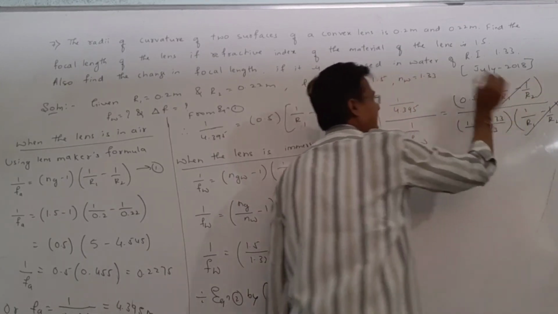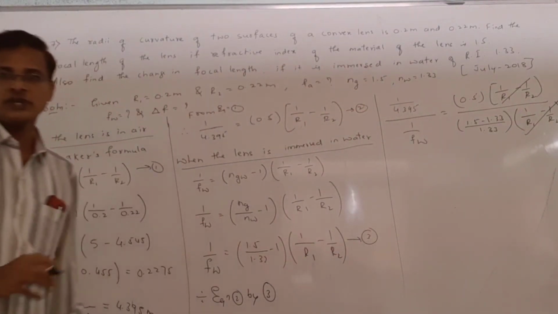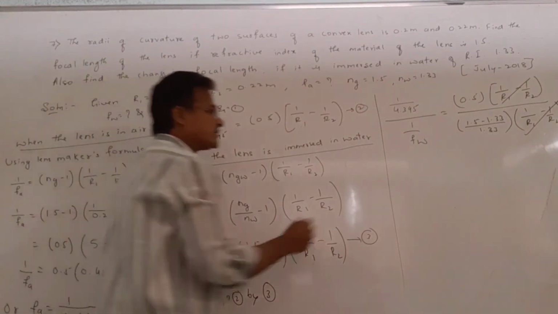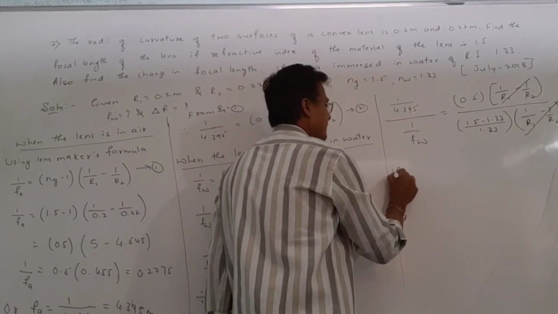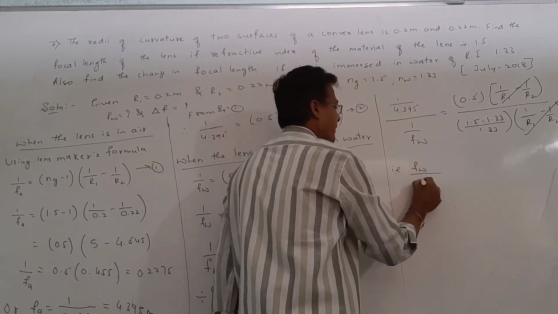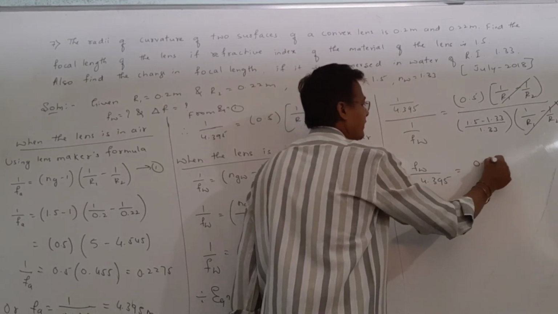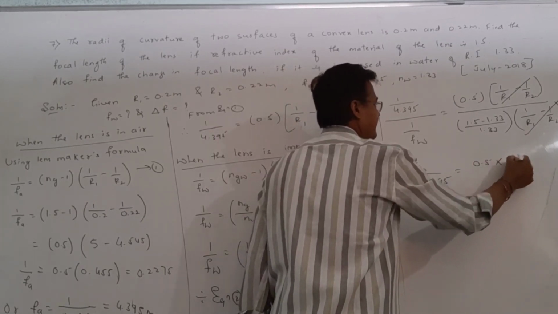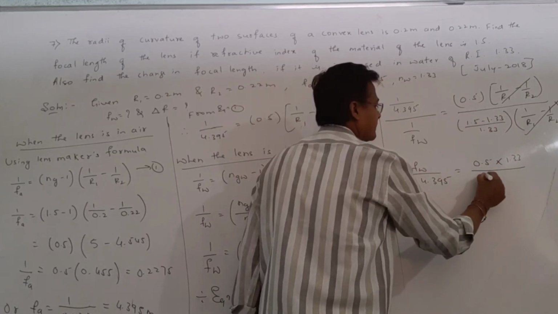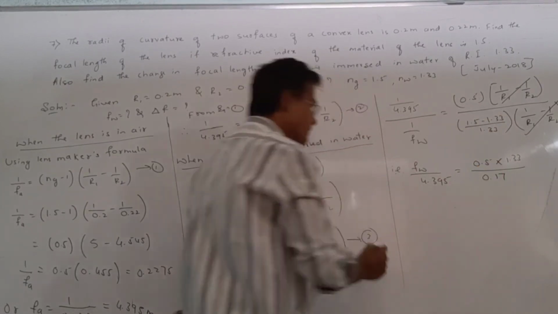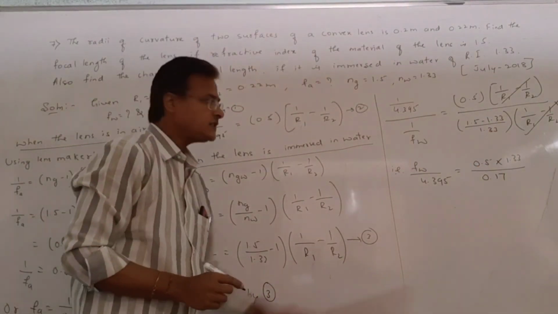This and this get cancelled. So that is FW by 4.395 equal to 0.5 into 1.33 divided by 0.17. Just from the other answer, how much does it come?